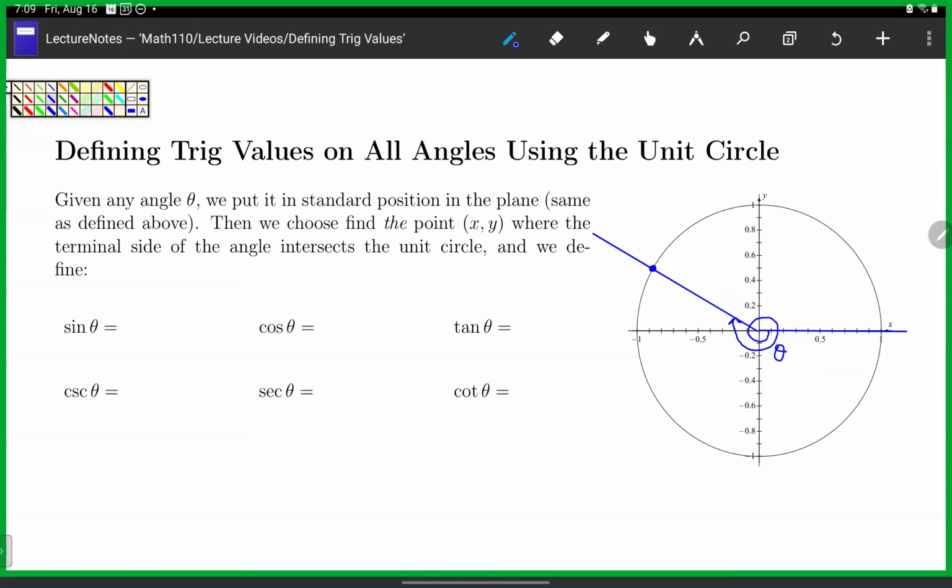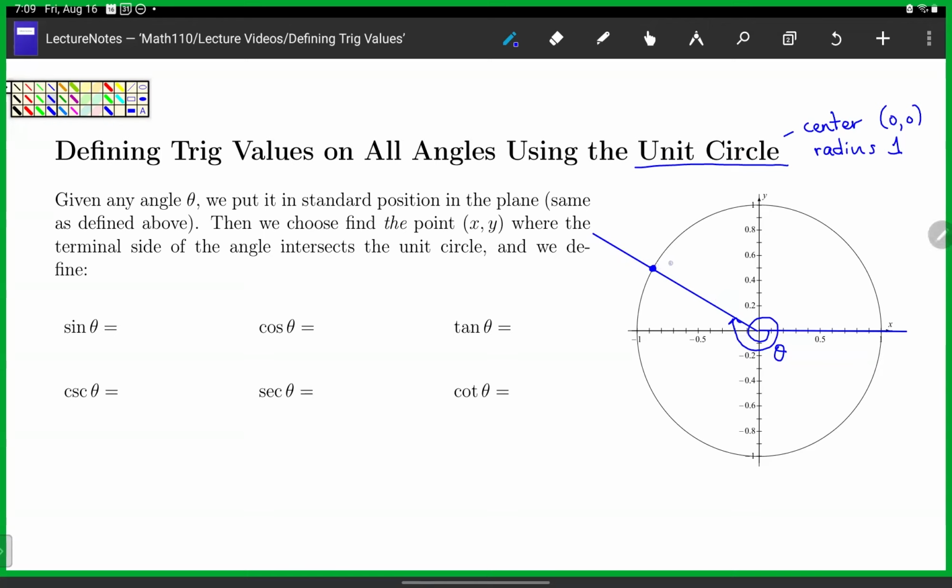The unit circle has center at the origin and radius 1. That's what we call the unit circle. Unit essentially means 1.